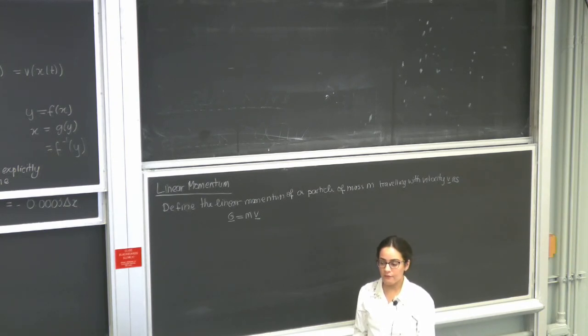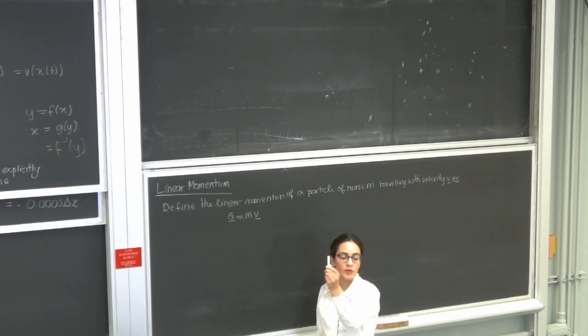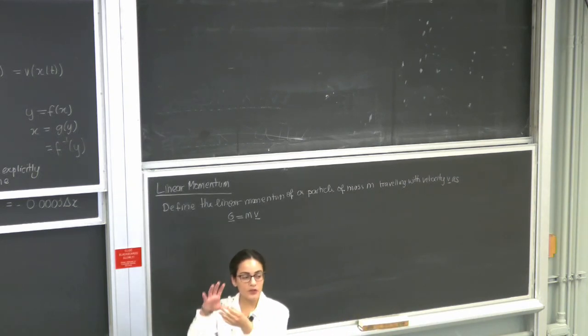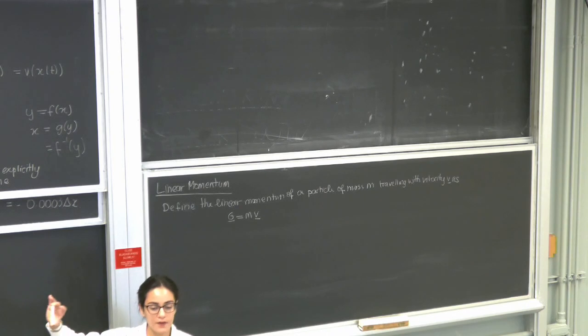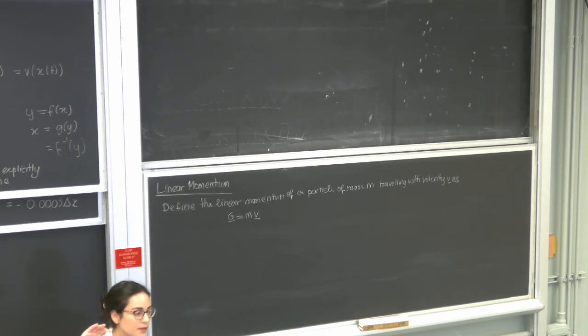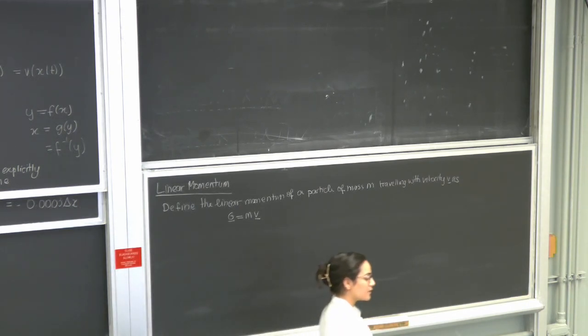So for any object, say this chalk, I'm assuming that it's a particle, basically has one velocity. Its linear momentum is its mass times its velocity.